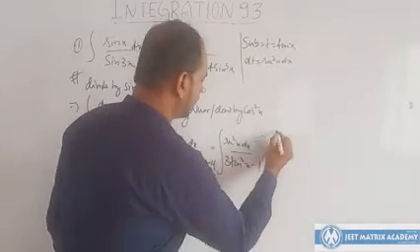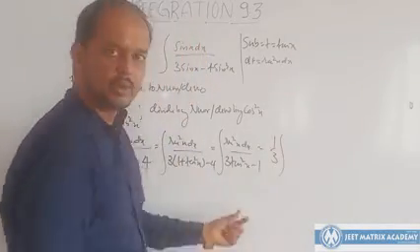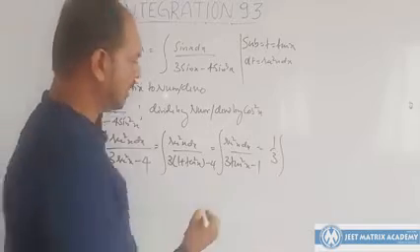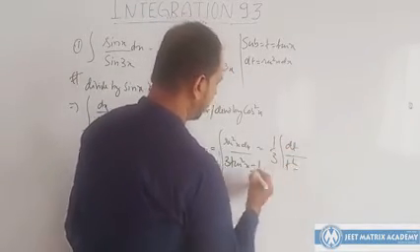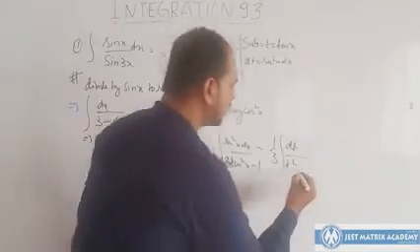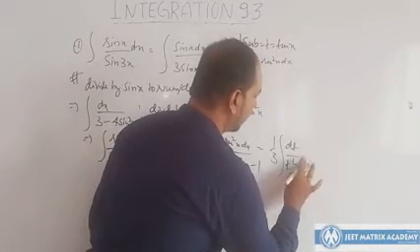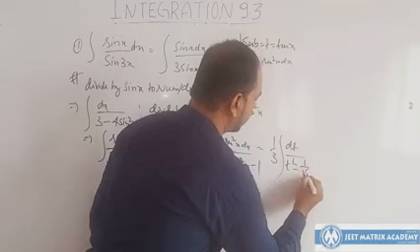Take 3 outside and substitute t equal to tan x, dt equal to sec square x dx. So what happens, in short, 1 by 3, so you can reduce a few steps. This is dt divided by t square minus 1 by 3, you can write as 1 by root 3 whole square.